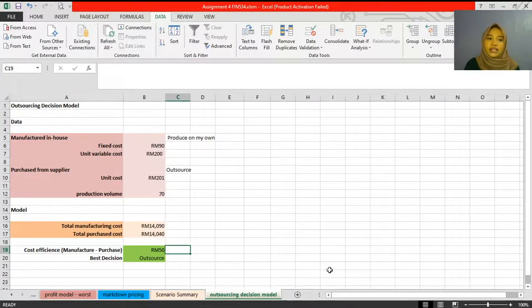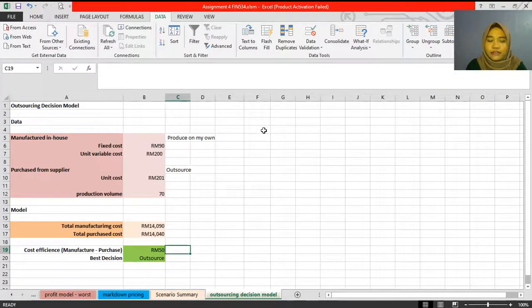Okay, and then the last part is my outsourcing decision model. There are two ways to produce my product, my chocolate cake. One is producing my chocolate cake on my own.